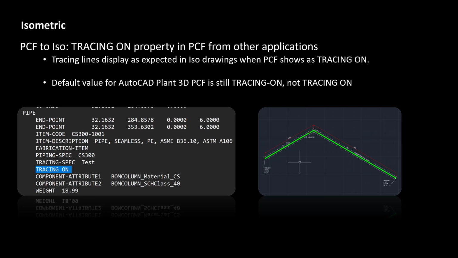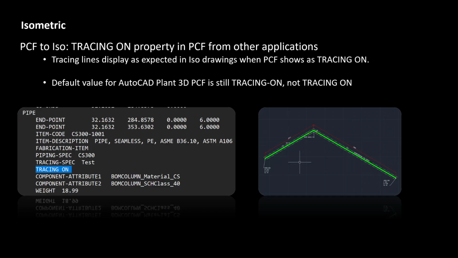Now let's look at the PCF to ISO tracing property update. When you import PCF files generated by a third-party application, they may use tracing on with a space as a property value. Previously, Plan 3D only recognized tracing on with a hyphen, which is still the official standard for PCFs generated natively.